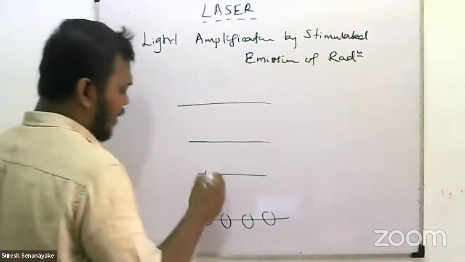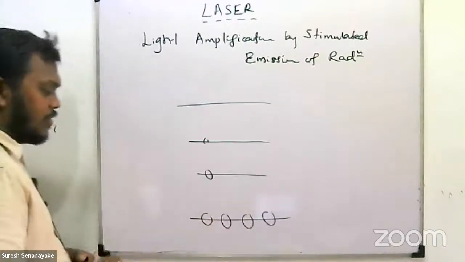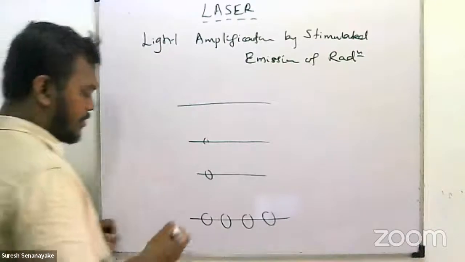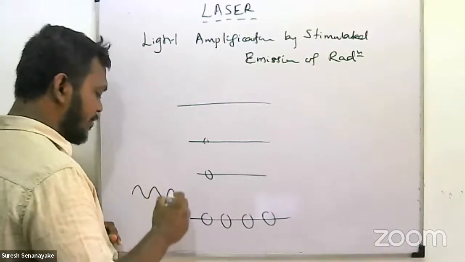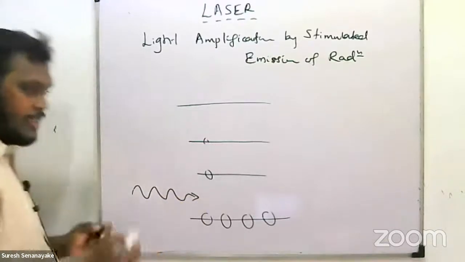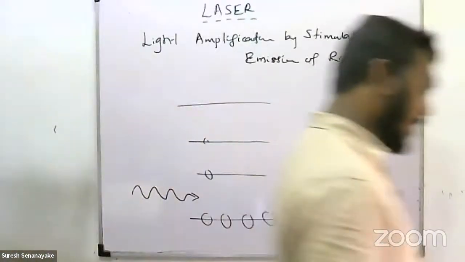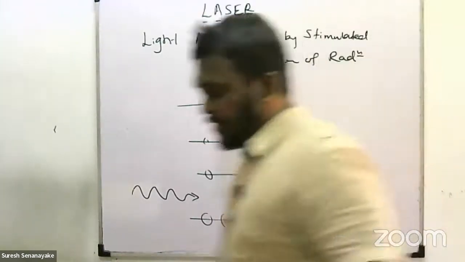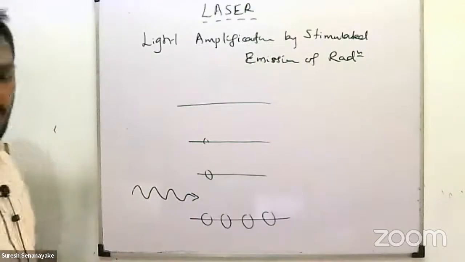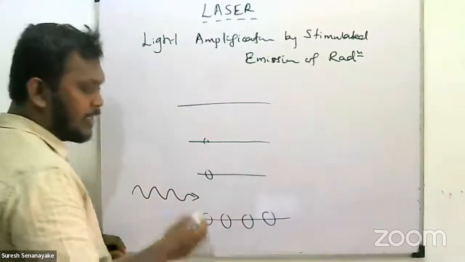When we give external energy by a source, such as electricity, heat, or a chemical reaction, whatever way you give energy to the medium, these atoms absorb this energy and their energy will increase.